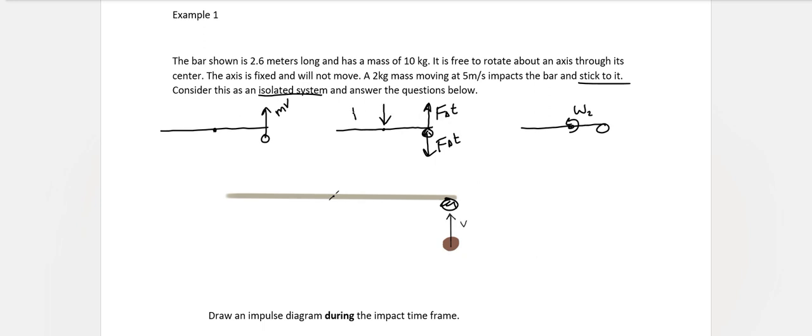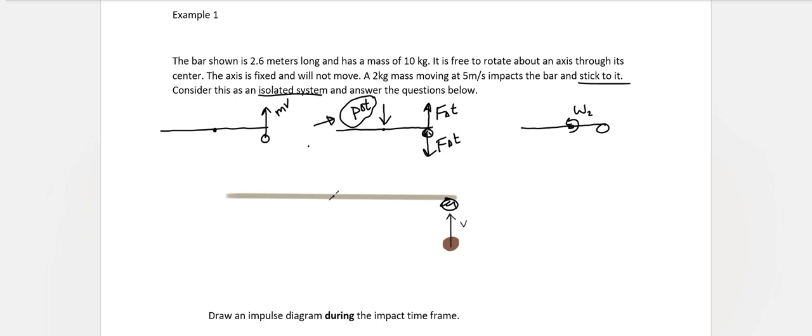I'm going to call that P, for pin force, times delta T. It is important to realize that the linear momentum of this system is not conserved because this represents an external impulse acting on the system. So you cannot equate linear momentum in this system, because the linear momentum on the left is not going to equal the linear momentum on the right because of that P delta T.